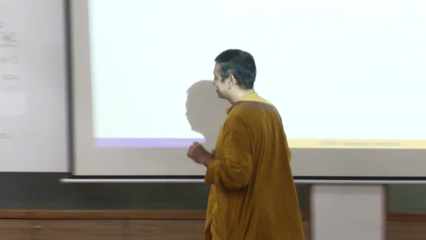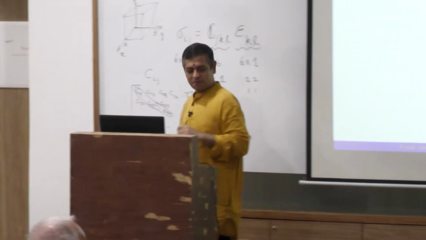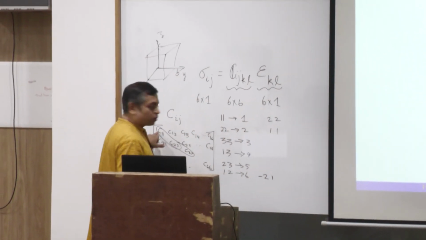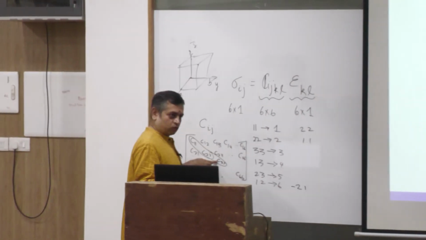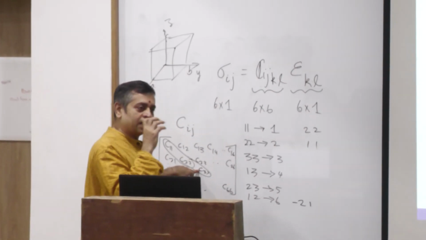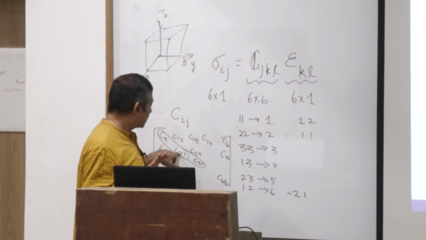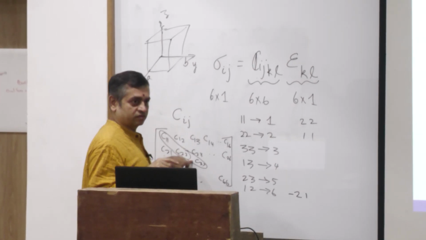Well, for cubic, C11, C22, C33 should be equal. So which means they are not independent. So there are at least 3 non-zeros here itself.